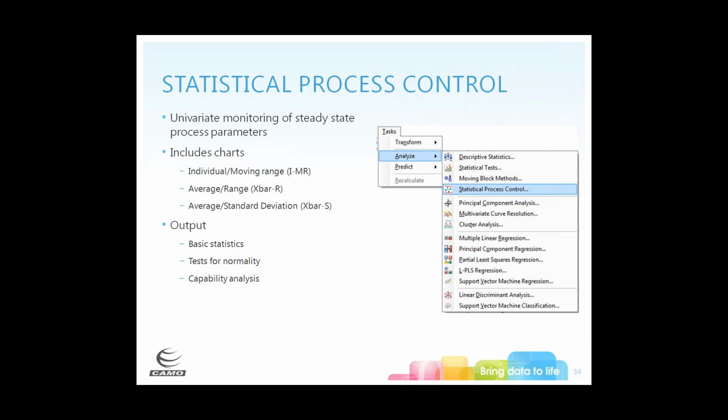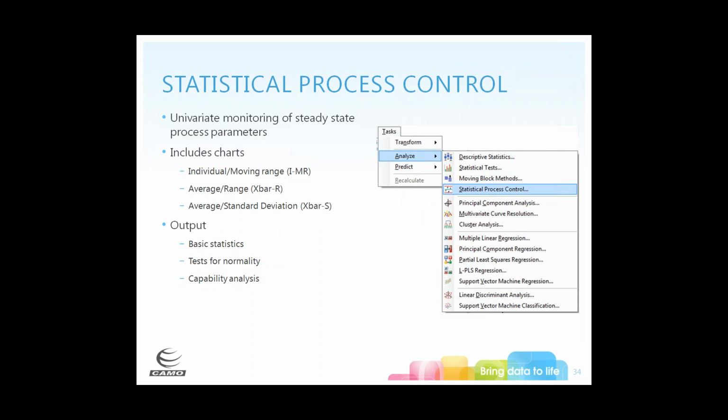First, if I can mention statistical process control, I call it univariate monitoring of steady state process parameters. By that I mean univariate, everybody understands. We look at one process variable at a time.